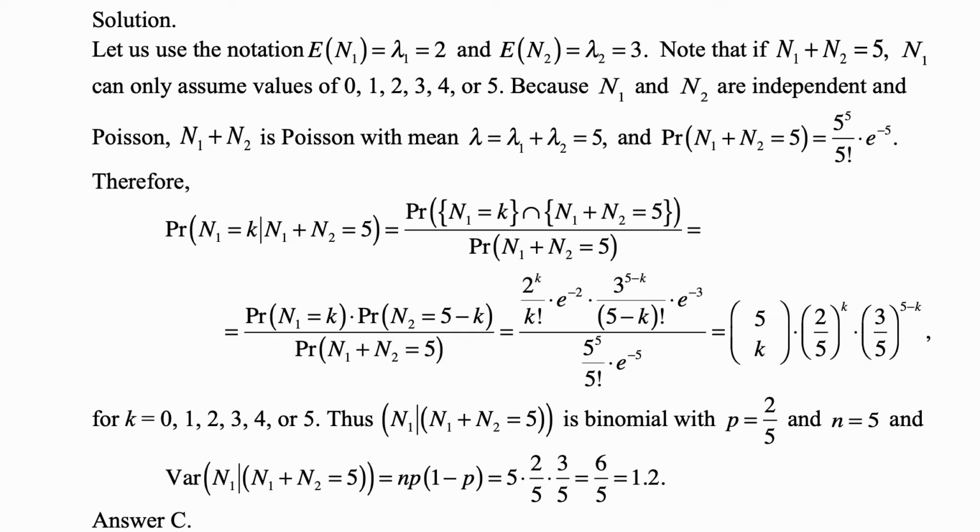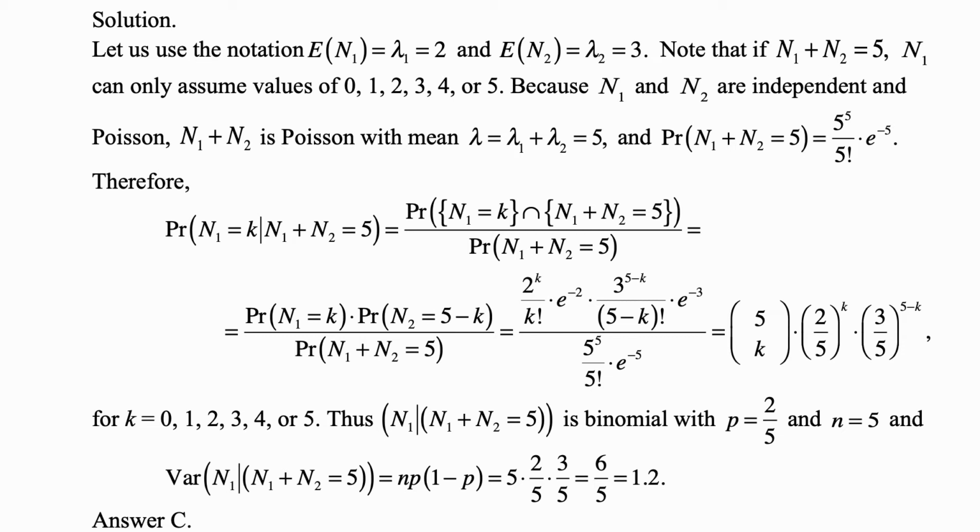Therefore, the probability that n1 is equal to k, given that n1 plus n2 is equal to 5, is the probability that n1 is equal to k and n1 plus n2 is equal to 5, divided by the probability that n1 plus n2 is equal to 5.